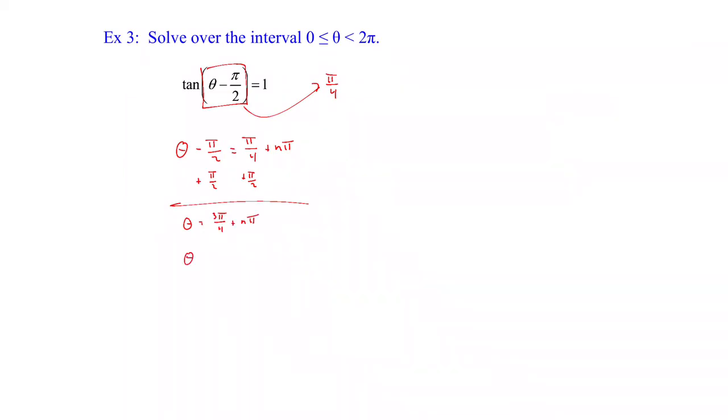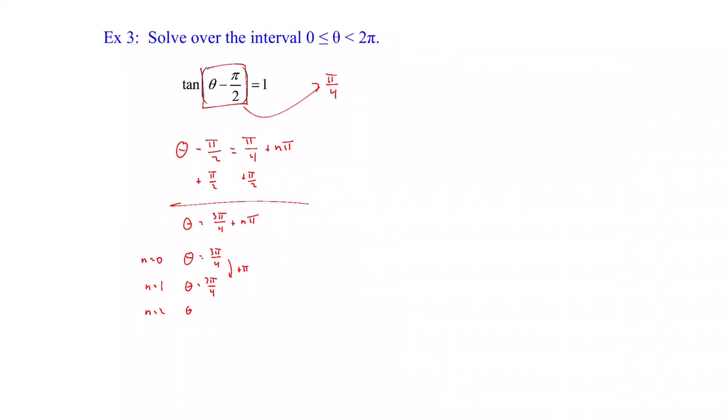And so once again, when n is equal to 0, that would just give us 3 pi over 4. When n is equal to 1, all you're doing is adding pi over and over again. So if you don't want to plug in n equals 1, all you have to do is take your previous angle and add pi to get to the next one, because that's the multiplier that you can add to get to the next angle. So if we add pi to 3 pi over 4, that would be 7 pi over 4, which is still good.